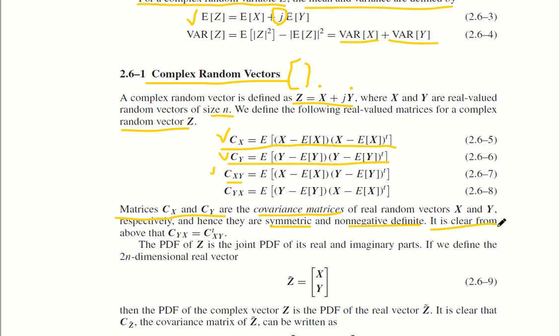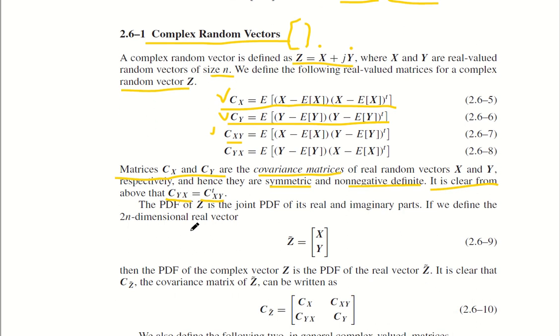It is clear from above that Cxy is equal to Cyx transpose. As you can see, if you take the transpose of this, it's going to be like this.